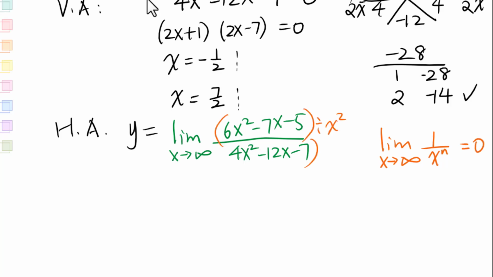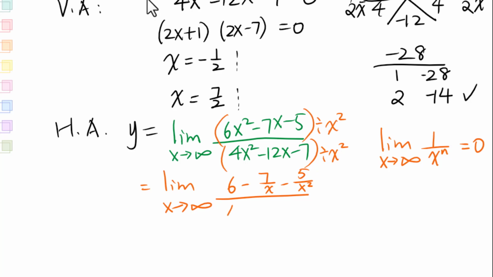We divide it by x squared top and bottom. We will get limit as x approaches infinity of 6 minus 7 over x minus 5 over x squared, over 4 minus 12 over x minus 7 over x squared.